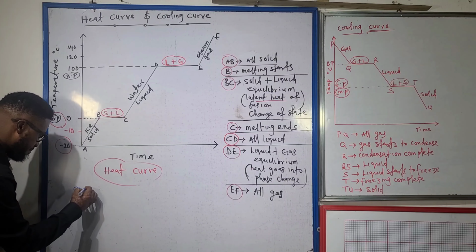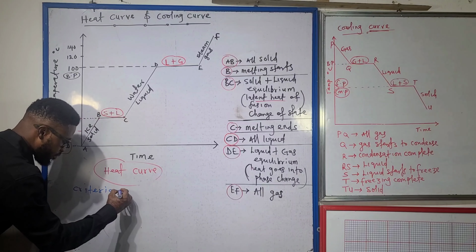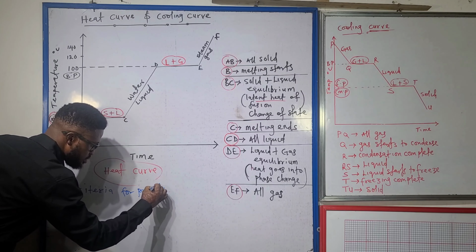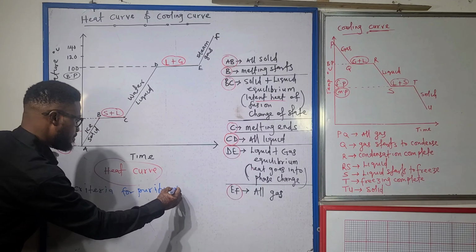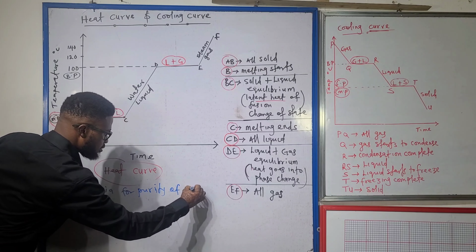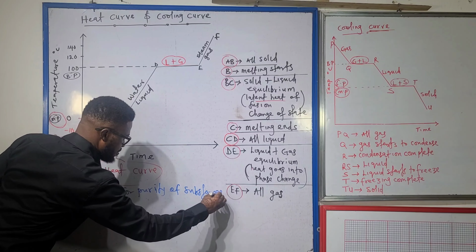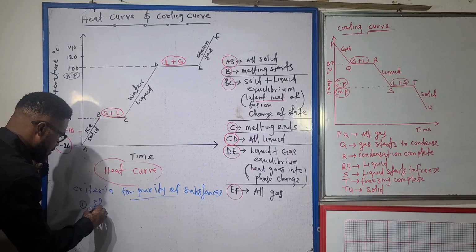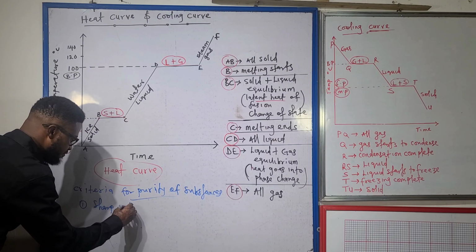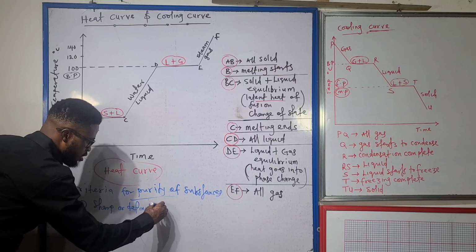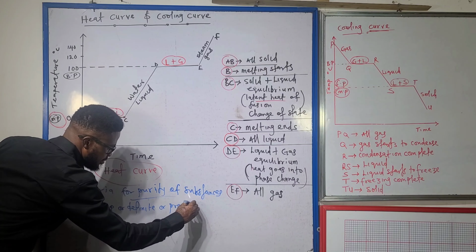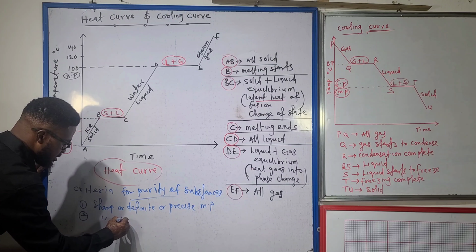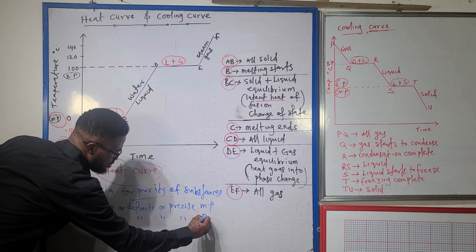When we say criteria or conditions for purity of substances, the first one is a sharp or definite or precise melting point, and a sharp or definite or precise boiling point.